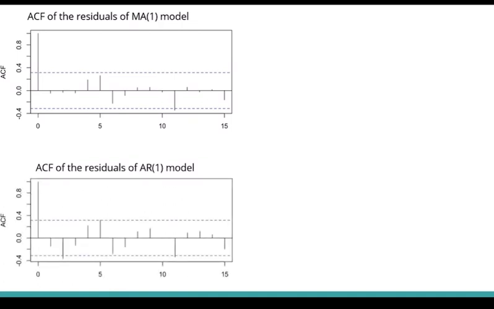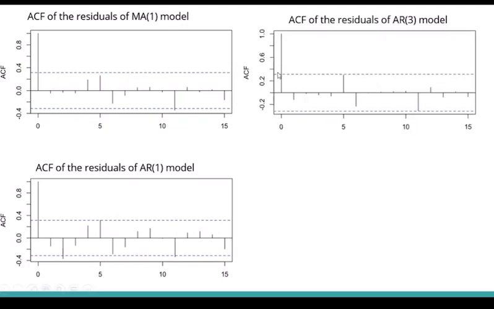Now, if you take a look at the residual ACF for the AR of order one, we also have that one, and for the AR of order three, we also have that one. The question now, given each of these, is: do the residuals behave like white noise?